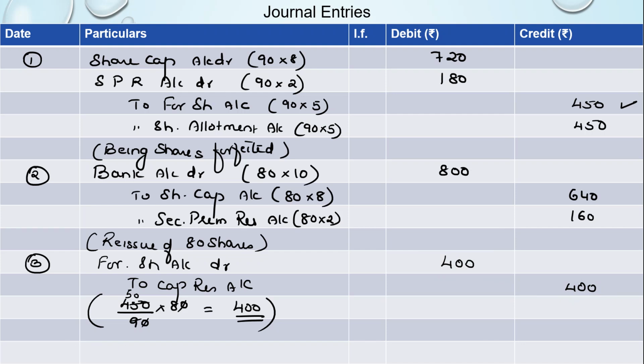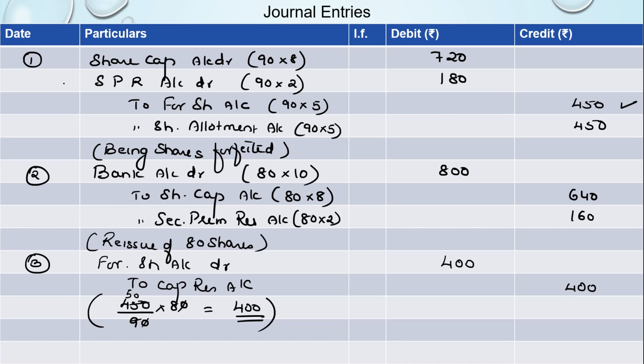So here the uniqueness of this question, we learn these concepts: when securities premium reserve is not received, it is going to be reversed in the forfeiture entry. So the failure should be at the stage where the premium was supposed to be received. Second thing, in the reissue there was extra amount collected; that wording has to be read correctly.